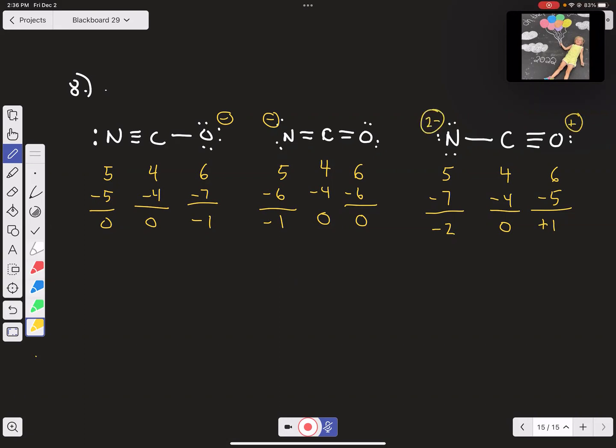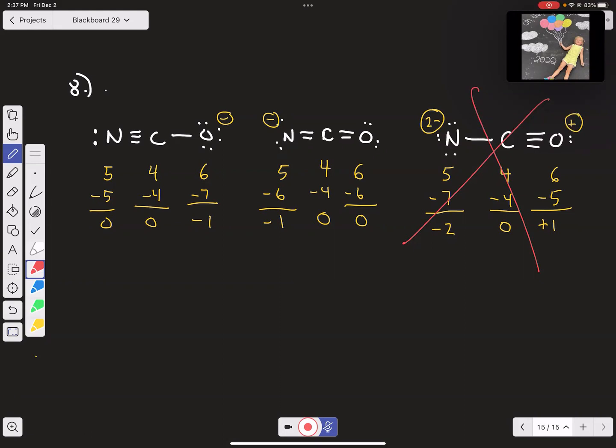So number 1, if we have to carry charge, we want the fewest atoms carrying charge. So we can put a big red X through this Lewis structure because that one has 2 atoms carrying charge. The other thing that's not nice about that is if we have a negative charge, we want to have that negative charge on the most electronegative element.